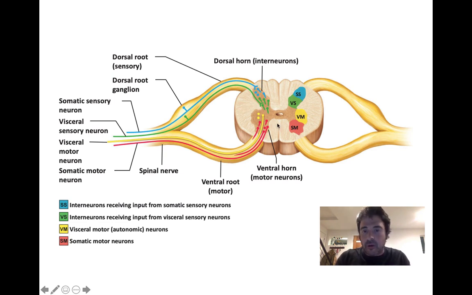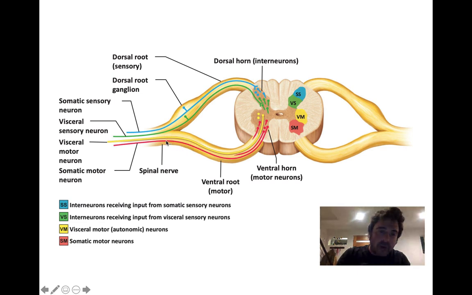The anterior gray horn contains the cell bodies of what are called somatic motor neurons. Somatic motor neurons are different than autonomic motor neurons in that somatic motor neurons, if you remember, are regulated by higher order brain centers. So somatic motor neurons are under conscious control. The cell bodies of somatic motor neurons make up essentially the anterior gray horn, and then they project out and travel along the ventral root.